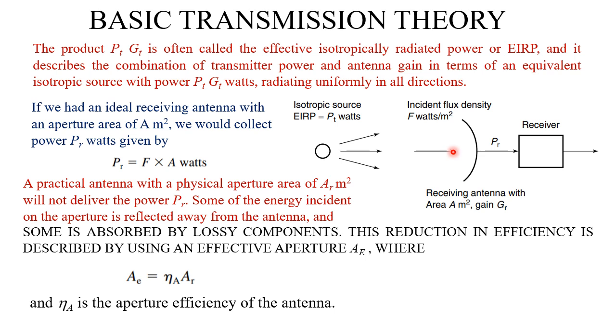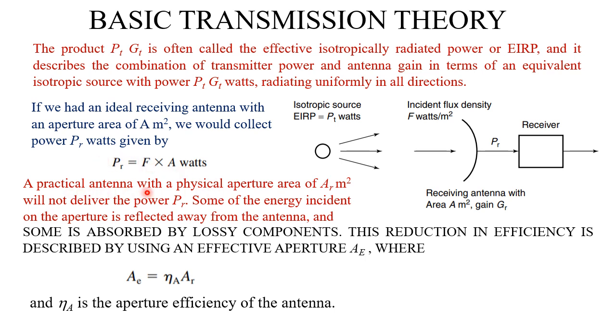Mind it, we have already said that the amount of power per unit area at the receiver point is PTGT by 4 pi r square, that is equal to F. F is the flux density, right? So what should be the received power? Received power will be the area multiplied by flux density. So PR equal to F into A watts.